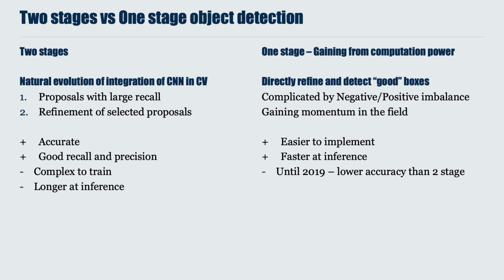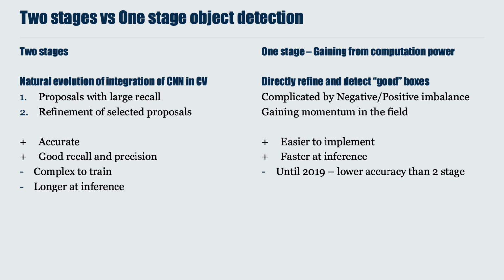It consists usually of two steps. First, trying to propose locations of objects, where you are trying to find all the possible objects in your image. And second, a refinement of the selected proposals, where not only do you refine your proposal, but you prune them to only select the best ones, and you further classify if it's needed.